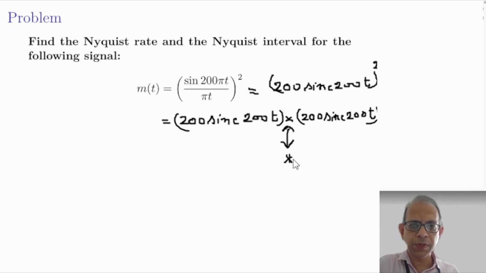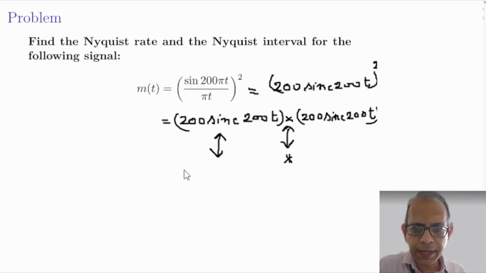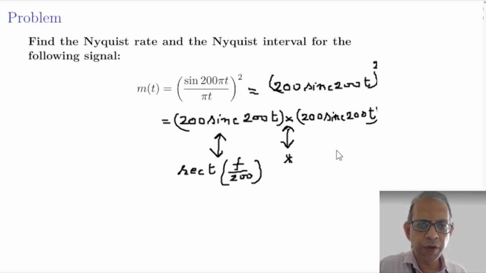Multiplication in time becomes convolution in frequency. So here the Fourier transform we found in the previous problem was rect f by b, or rect f by 200. So rect f by 200 convolved with rect f by 200.